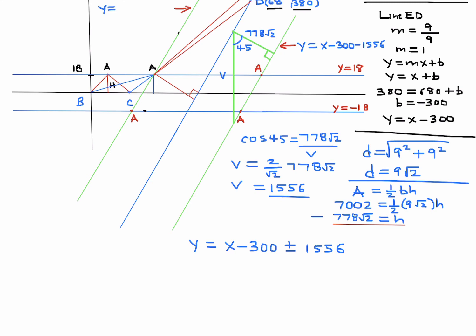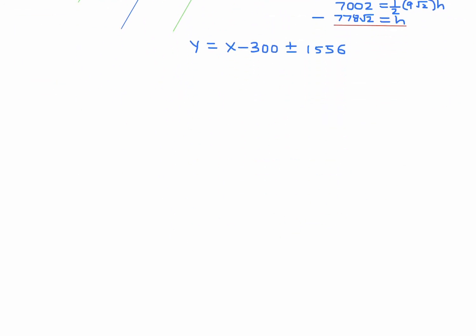And this equation is y is equal to x minus 300 plus 1,556. So we're almost done. We just have to now figure out the intersection points of this line with y equals 18 and y equals minus 18, and then the intersection of this line with y equals 18 and y equals minus 18. And then that will give us our 4 points, and we just have to then add up the x coordinates.